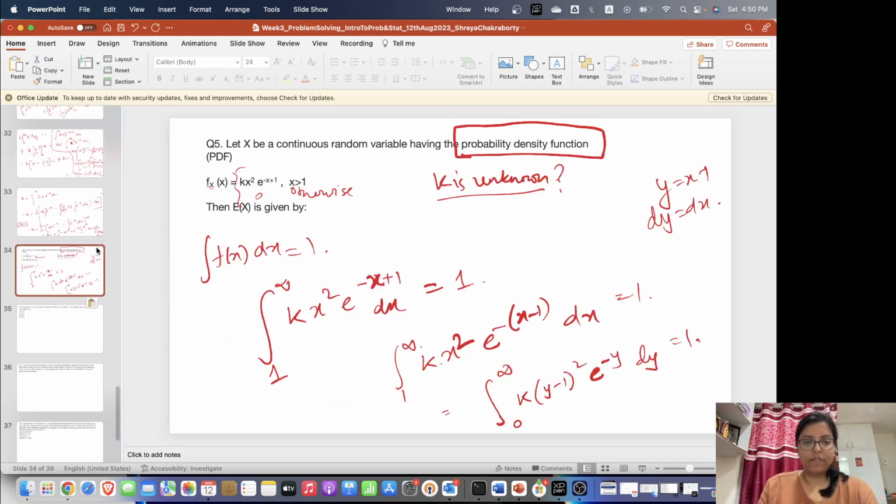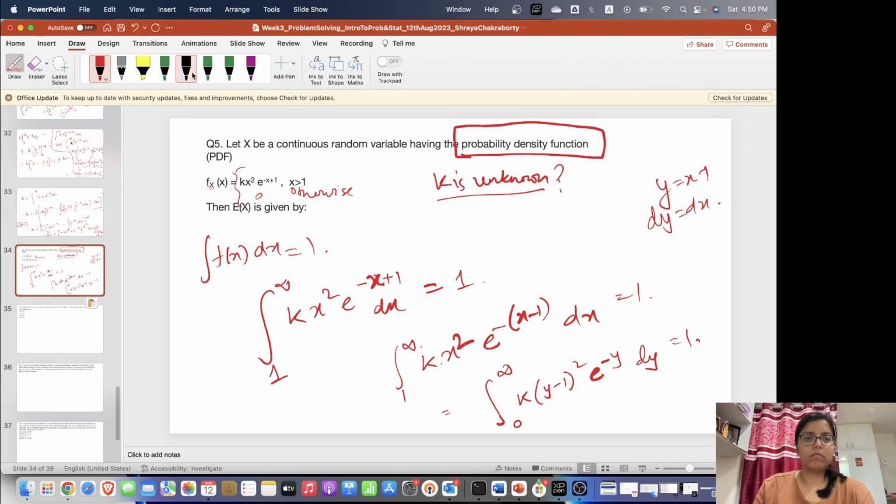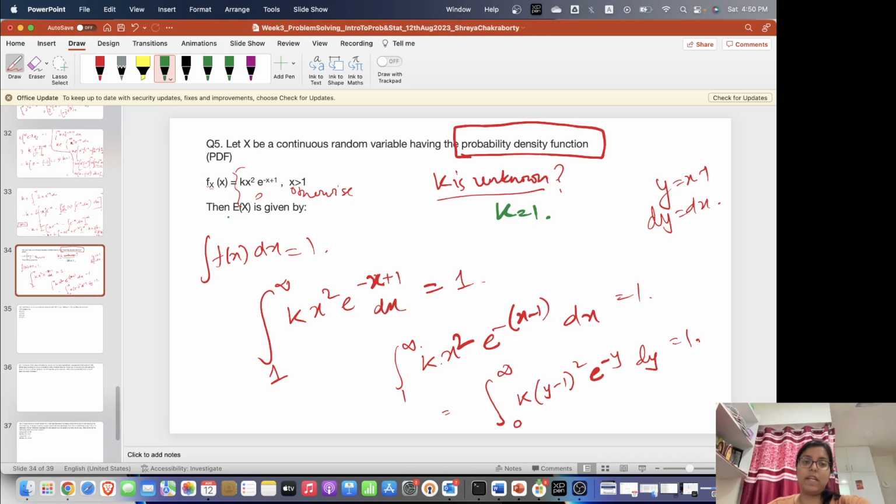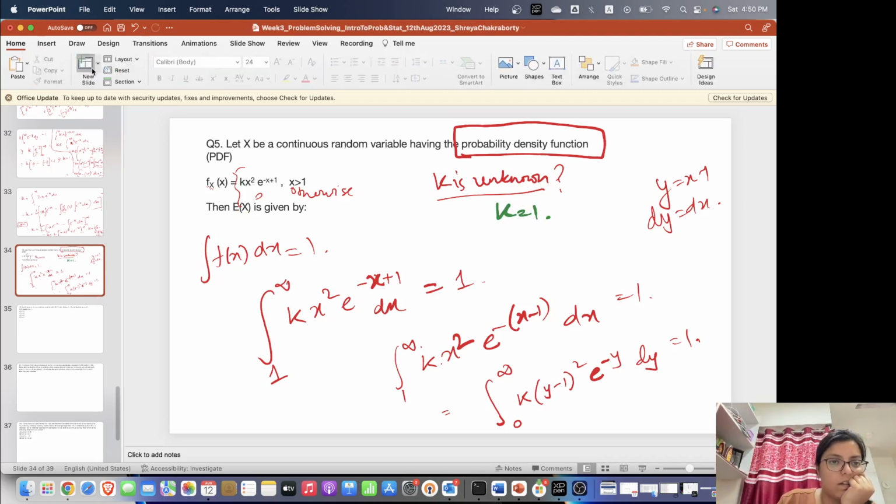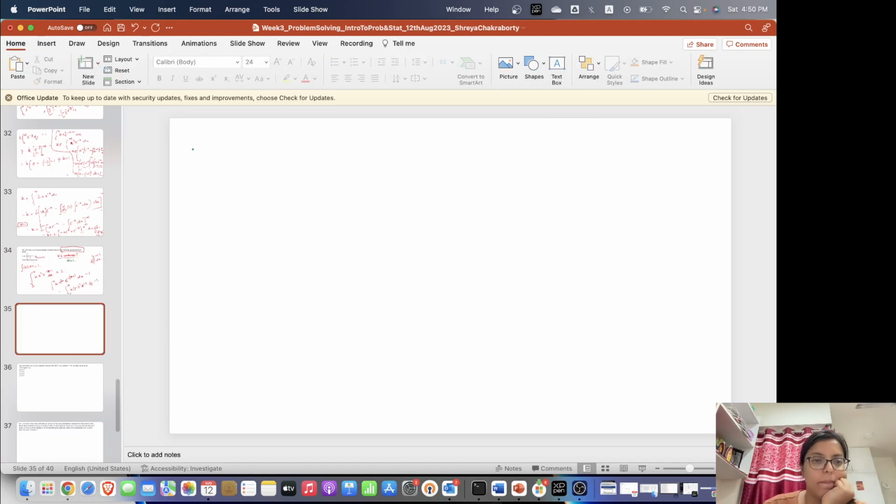So now when we have figured this out, we know that k equal to 1. So then again, now the job is to find out expectation of x. So expectation of x will be same thing, 1 to infinity.